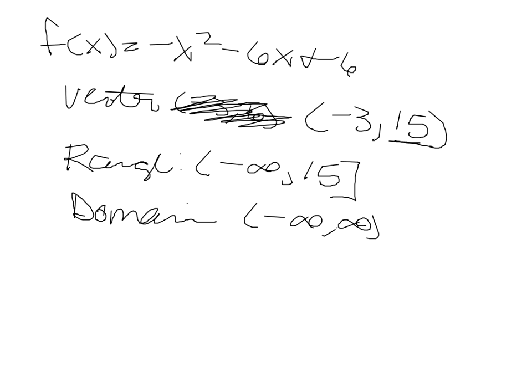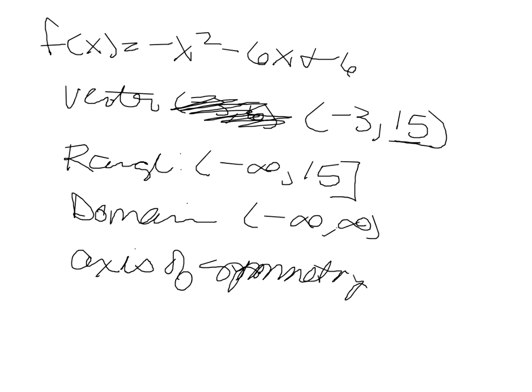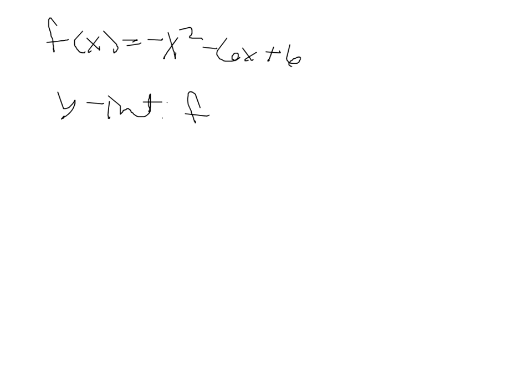And my axis of symmetry is x equals h, so x equals minus 3. Now I need my y-intercept, and so I let x equals 0, so I get 6.